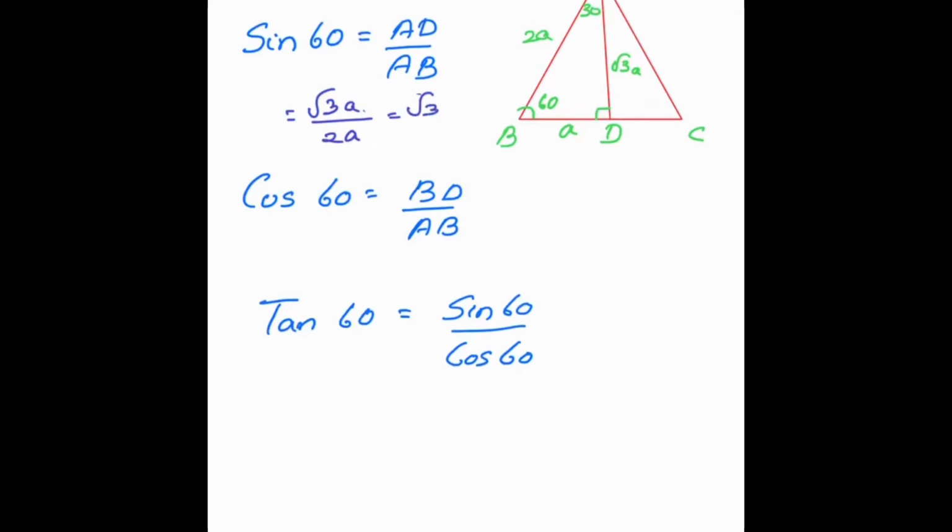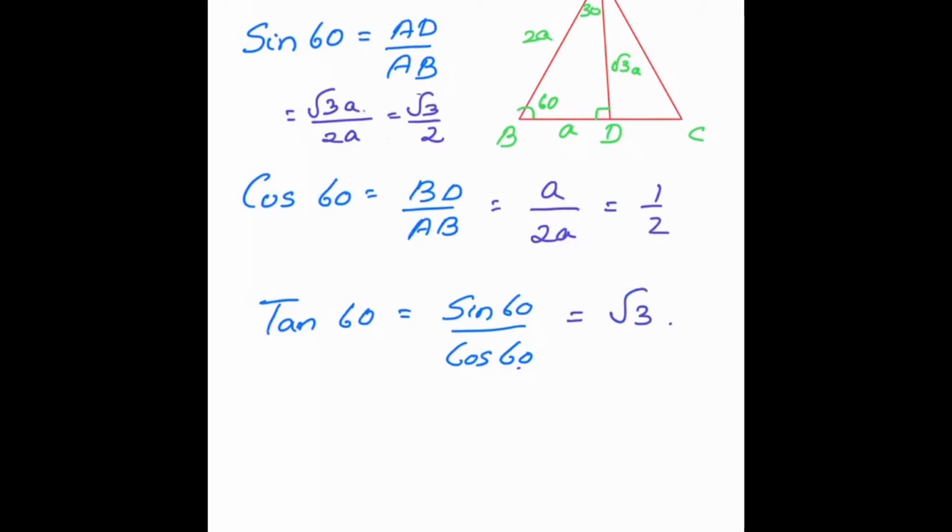So this is equal to root 3 by 2. Now cos 60 is equal to adjacent side BD, which is a by 2a, equal to half. And tan 60 is equal to sin 60 by cos 60, root 3 by 2 divided by 1 by 2, which will be root 3.